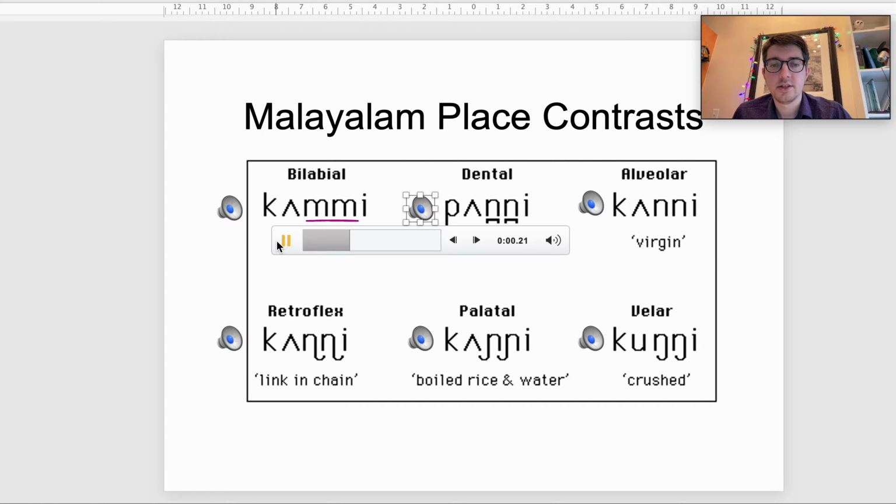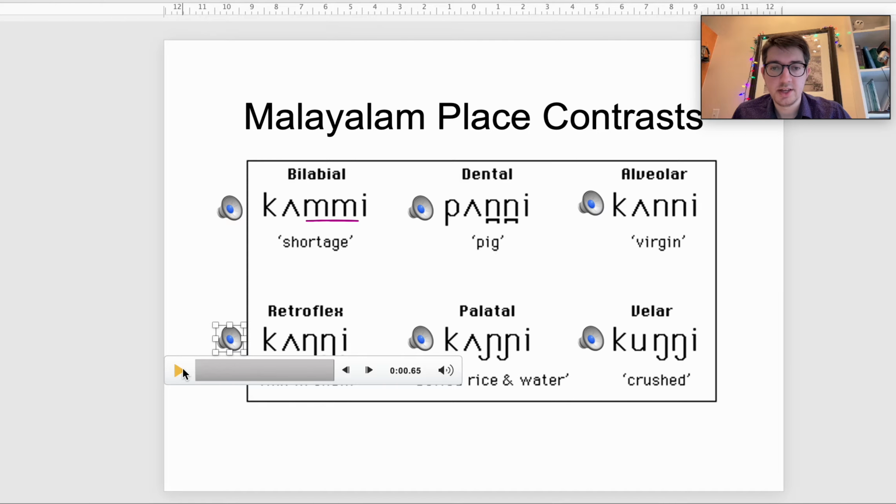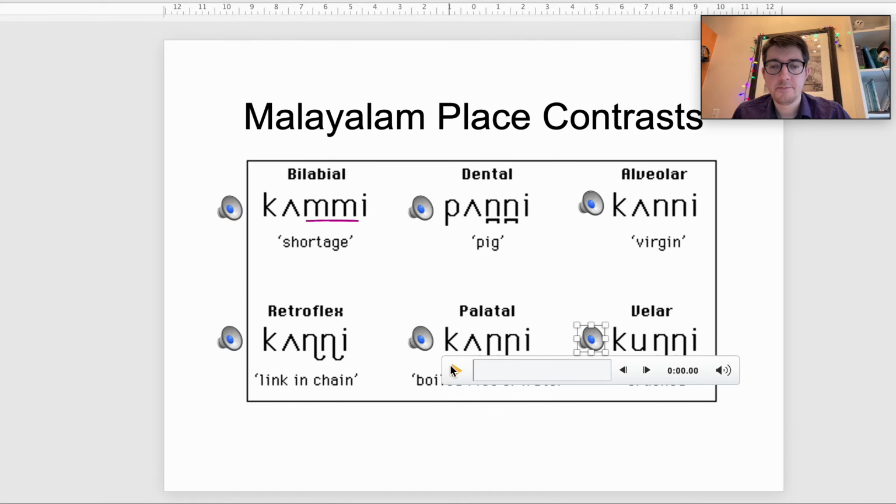Very, very subtle difference between dental and alveolar. Kanni. Palatal, kanyi. Kungi. Yeah, so you can listen to those and sing along, practice, right? But Malayalam has some interesting place contrasts, right?